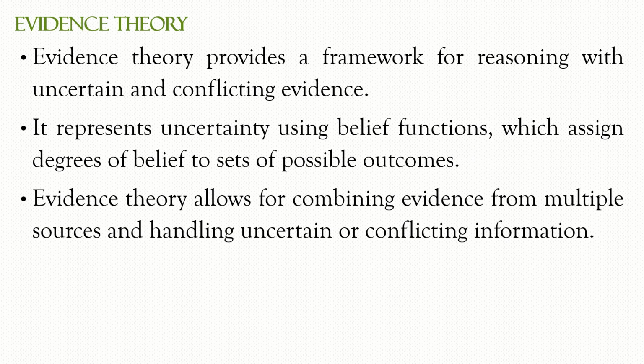And the evidence theory provides a framework for reasoning with uncertain and conflicting evidence. It represents uncertainty using belief functions, which assign degrees of belief to sets of possible outcomes, and it allows combining evidence from multiple sources and handling uncertain or conflicting information, right?